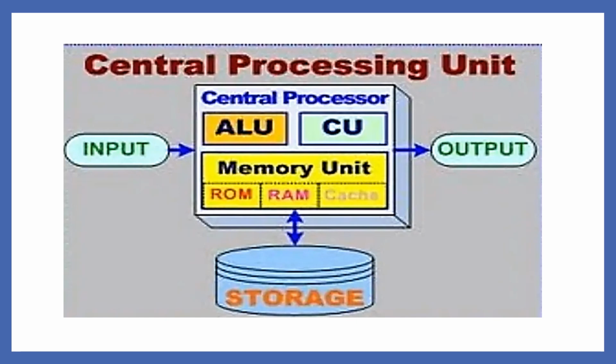Now here we can see that the CPU takes input from the user and performs all mathematical calculations in the ALU; all the tasks are carried out through the ALU.